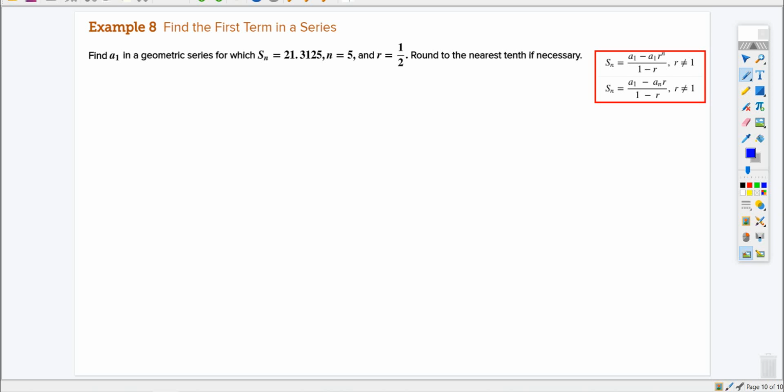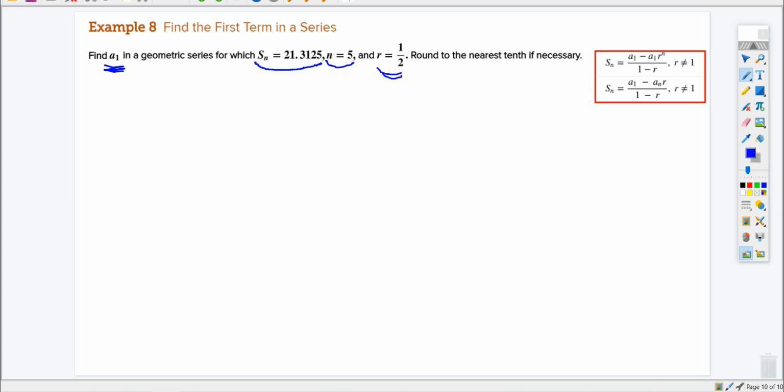Find A1. Looks like we are looking for A1 in a geometric sequence where the sum is 21.3125. Looks like n is 5. That means the first 5 terms, because Sn becomes S5 here. The sum of the first 5 terms will be 21 point something, where the common ratio is 1 over 2.